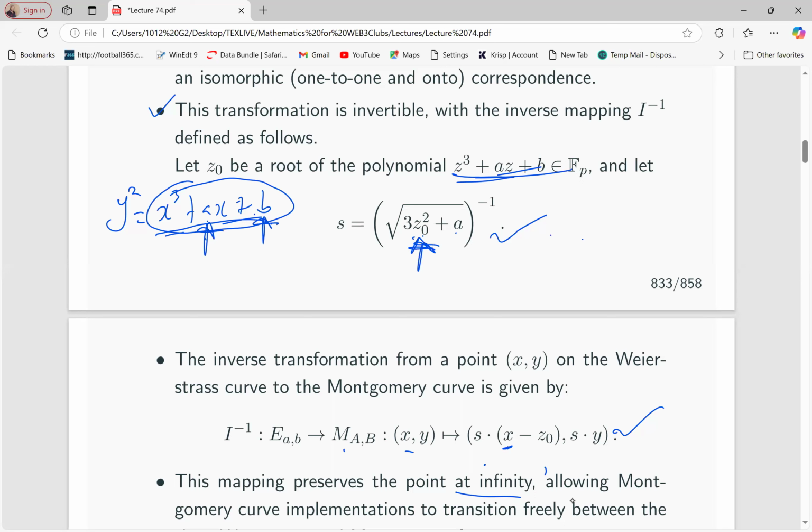Once it gets Z naught, you give it this formula to get S. Once it gets S, and you have given it the point on the short Weierstrass, it should be able to get its equivalent point on the Montgomery curve.